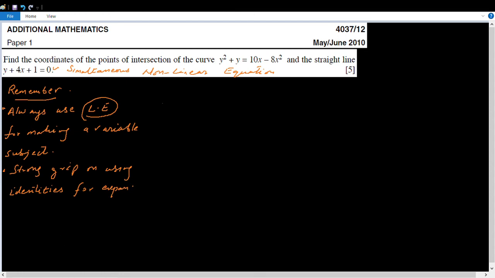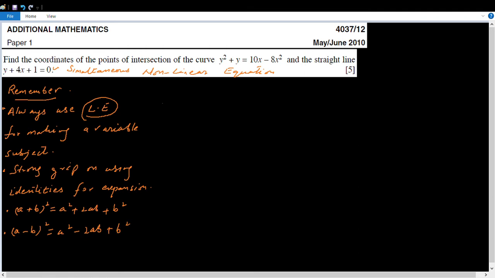If you don't know, then quickly learn them. I write for your help: a plus b whole square is equal to a square plus 2ab plus b square, and a minus b whole square is equal to a square minus 2ab plus b square.